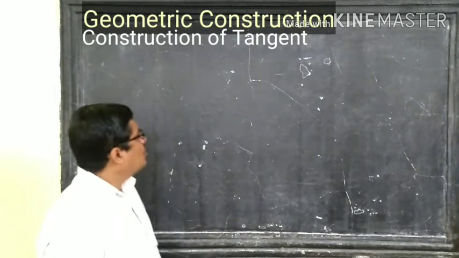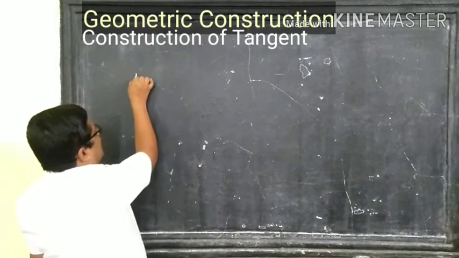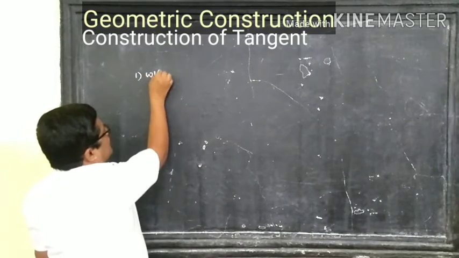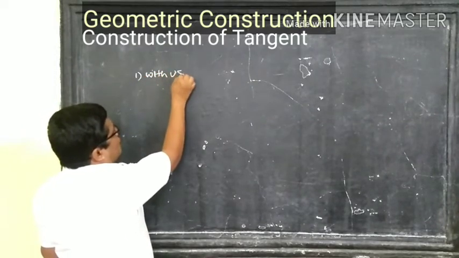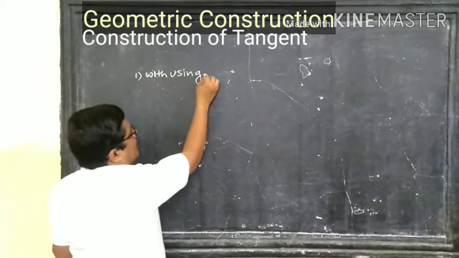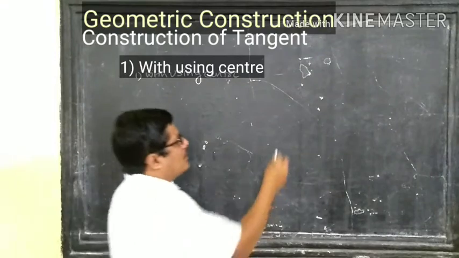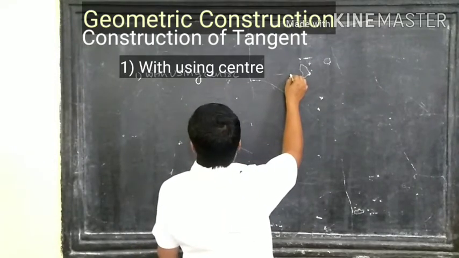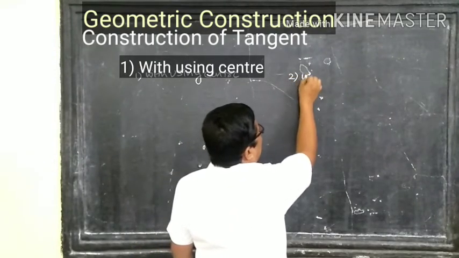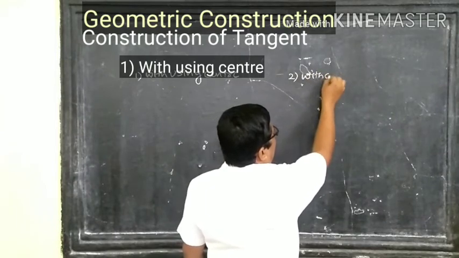So we can do the tangent construction first using the center, and the second way of construction of tangent is without using the center.